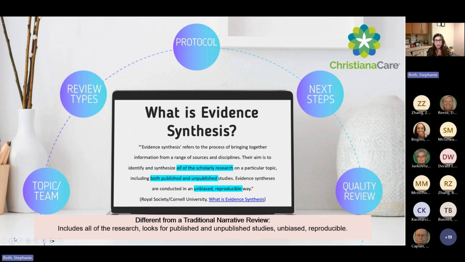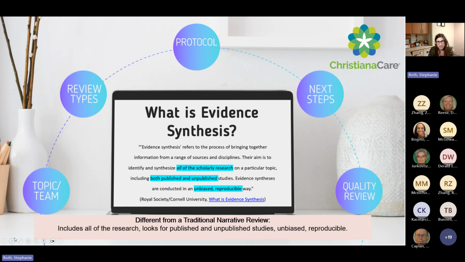Evidence synthesis is about a process of bringing a large scope of information from a range of sources, both published and unpublished studies, together to find all of the research that exists on a topic. It is supposed to be unbiased and reproducible, so it's a little bit different than your typical, traditional narrative review that you usually see.